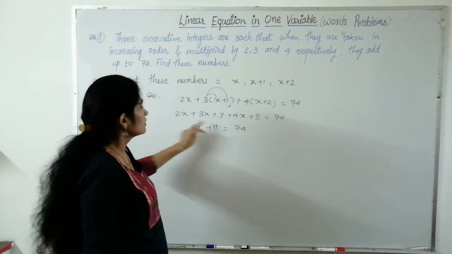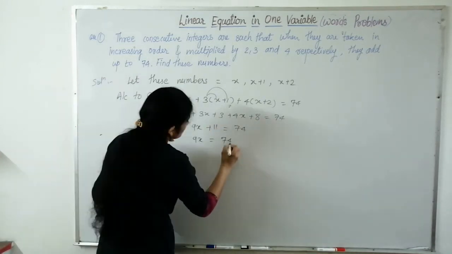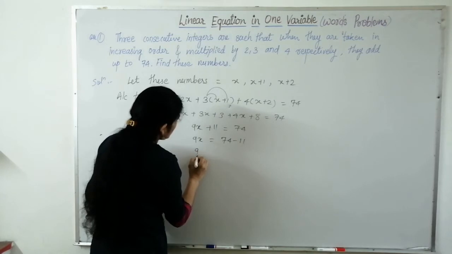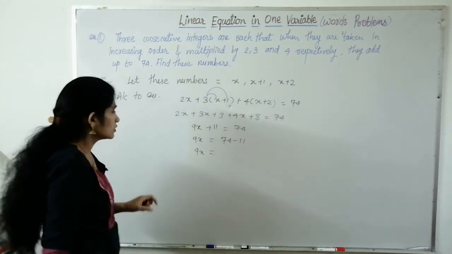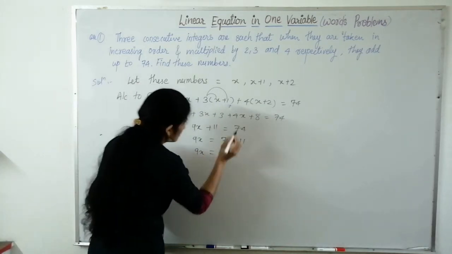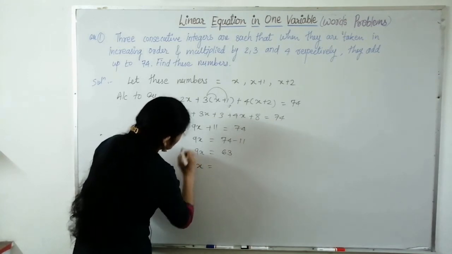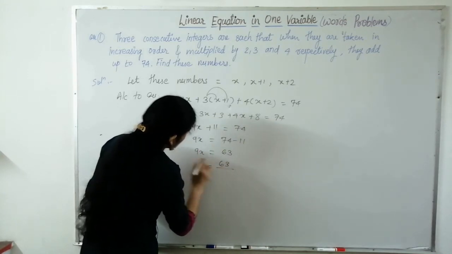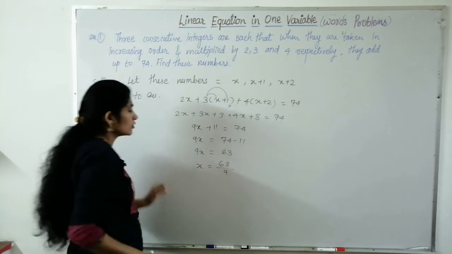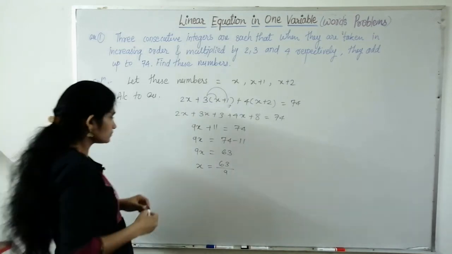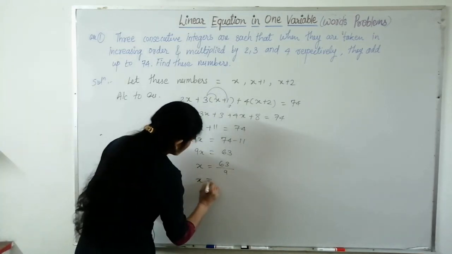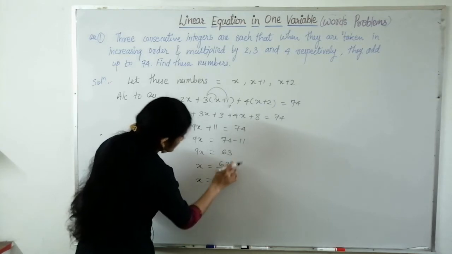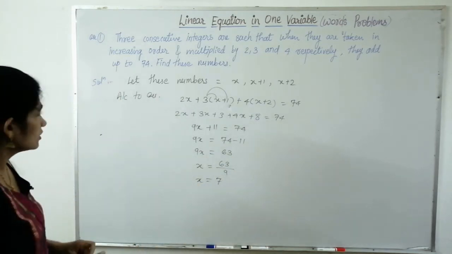We have added the constants and the variables also. It becomes 74 minus 11. Therefore, 9x is equal to 63, and again we transpose this 9 to the RHS. Then we have to divide the RHS by 9. So x is equal to 7 because 9 sevens are 63.